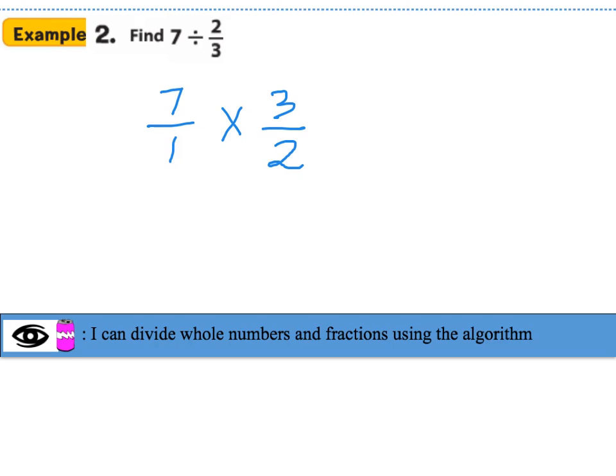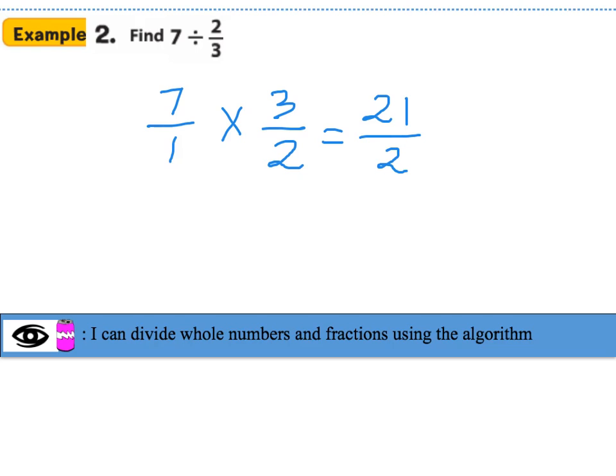And then we're going to think to ourselves, can we cross divide? We can't. So we're going to just multiply the numerator area. 7 times 3, which will give us 21. Then look at the denominators. 1 times 2 will give us 2. And we can keep it as an improper fraction, or you can change it to a mixed number.